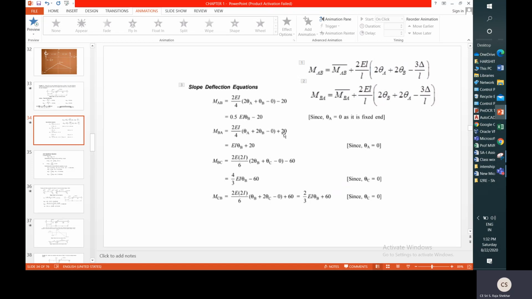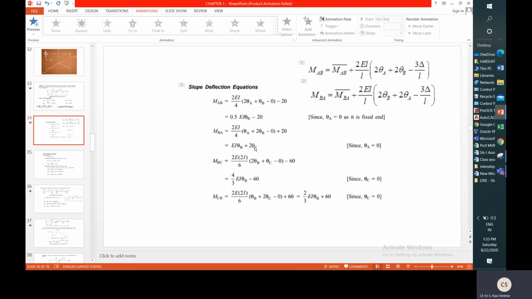MFBA is 20, that we just calculated. 2EI, L value is 4, theta A plus 2 theta B. For this fixed support, theta A is equal to 0. So we are writing the same, MBA is equal to EI. And if you solve this equation by putting theta A is equal to 0, we will get EI theta B plus 20.